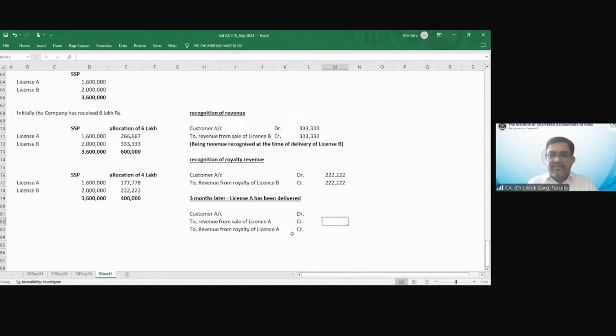What is debit? So first I'll put the credit. 2,66,667, 1,77,778, right? And what is my revenue? This plus this. Okay. So when further royalty will come, we will recognize further royalty also. Friends, is that clear to all of you or not?